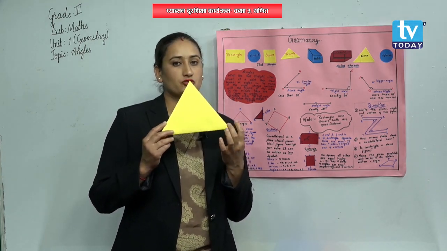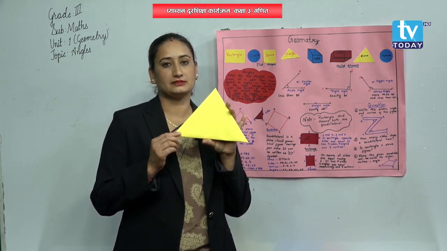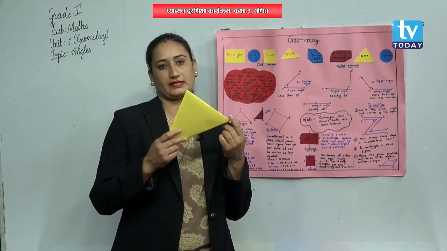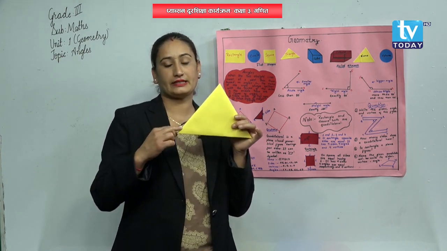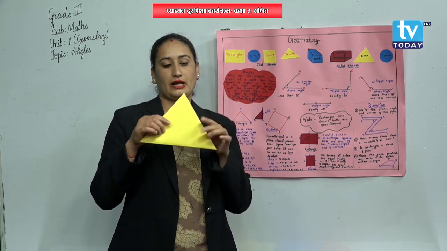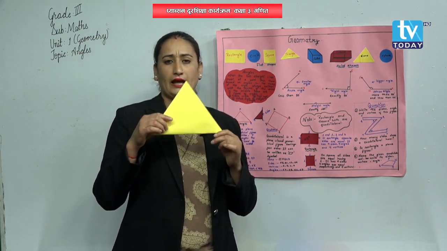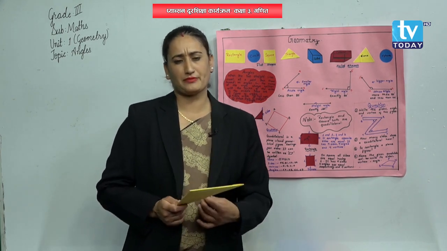This is the triangle. And how many sides are there in a triangle? 3 sides. What are they? See, have you seen one side? Yes. This one side, have you seen? Good. And here is another side. Have you seen? Good. And you might have already learned about types of triangles.